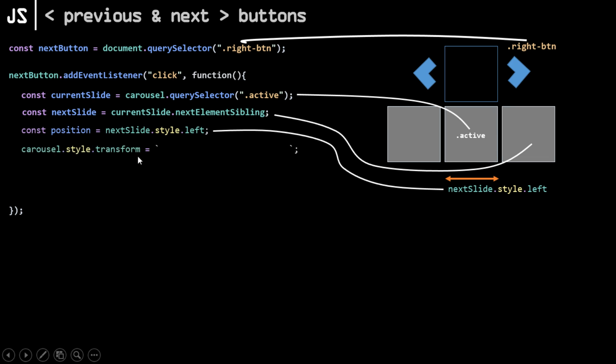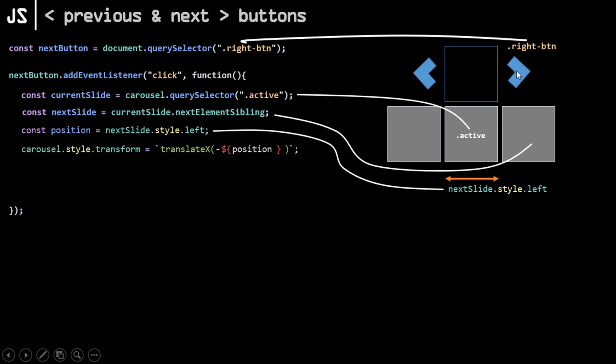Then I will change the transform property of our carousel to translateX by minus position. Here this is not a single quote, this is actually a backtick, so I'm using a literal expression.